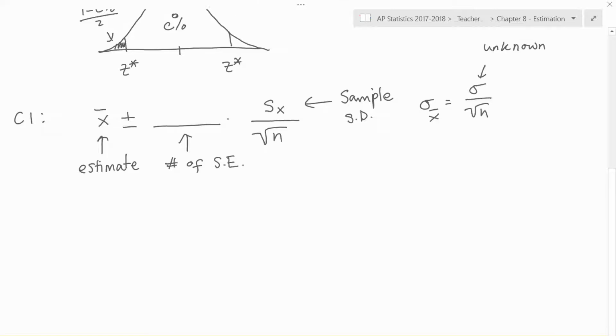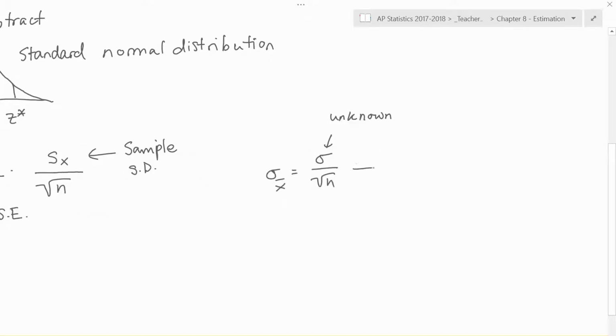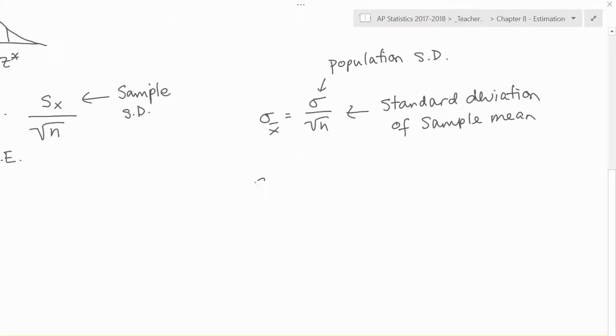So then this whole thing, let's do a little bit of side work here. This whole thing would give us the standard deviation of sample means, or the sample mean. It's a variable that varies in repeated sampling, where the unknown population standard deviation would have to be known in order for us to calculate that.